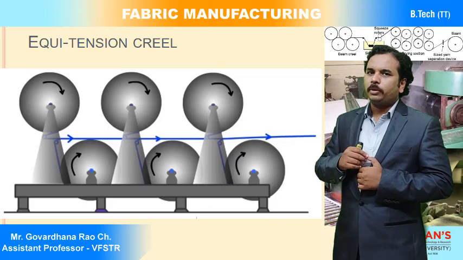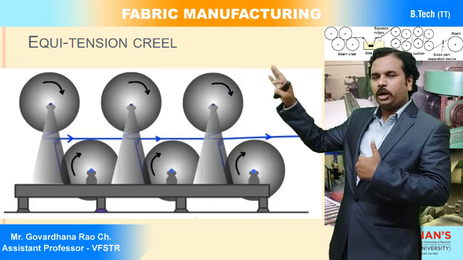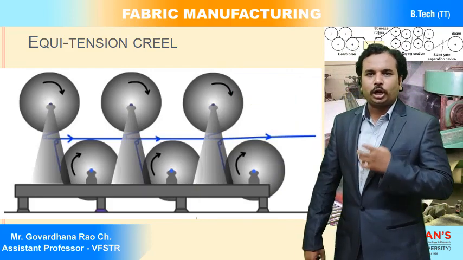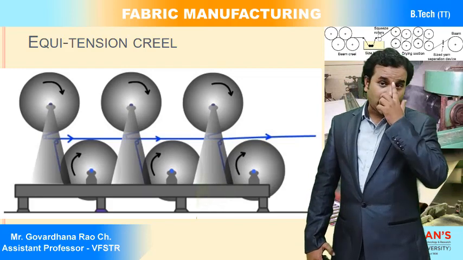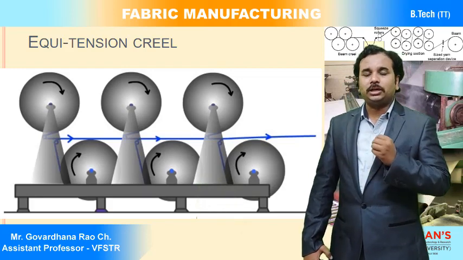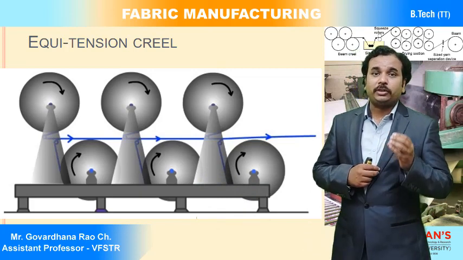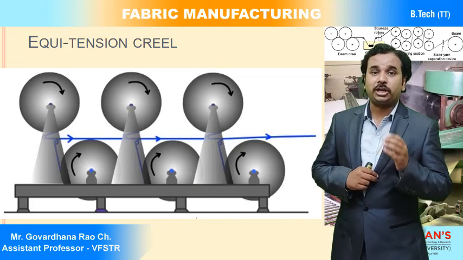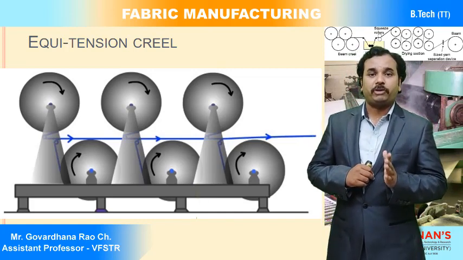Because the distance from beam 1 to the last beam is too far, tension control is very, very important. If you do not control the tension at the withdrawal time, then what will happen? The stretch on the warp sheet will increase. Stretch is nothing but permanent deformation.